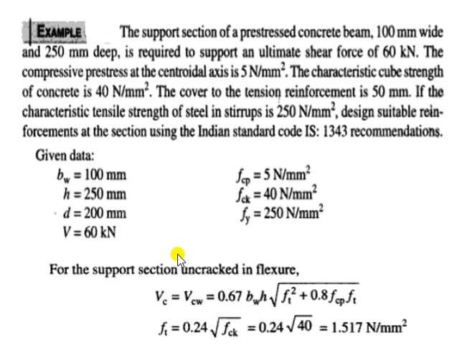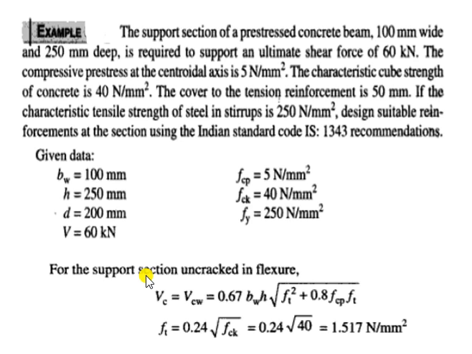Here again we have two equations to determine the shear capacity of a member. The first one is the web shear crack condition and the second one is the flexural shear crack condition.